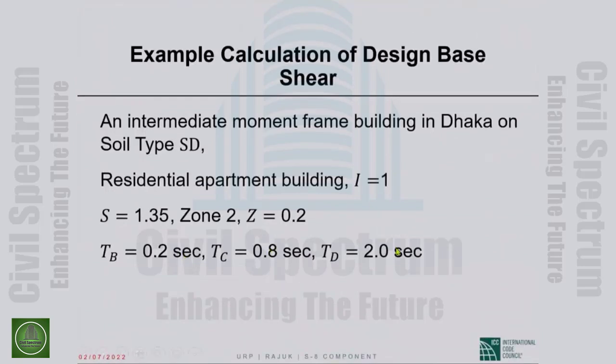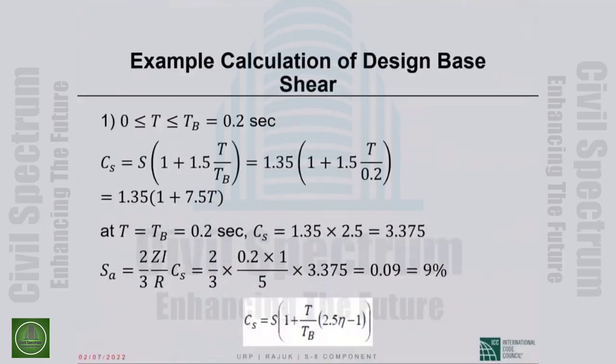So residential apartment building, I is equal to 1. SD soil, S is 1.35, zone is 2, Z factor is 0.2, TB is 0.2 second, T sub C is 0.8 second, T sub D is 2.0 second. So the spectrum has 4 branches: the ramp building up to the flat top, the flat top, the descending branch, and then the 1 over T squared branch.